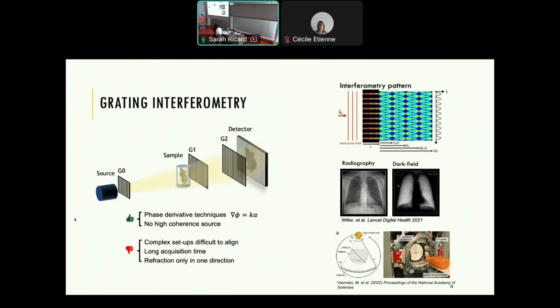For the moment the acquisition is slow, it takes minutes instead of seconds to get the image. But that's very interesting. The problem of this setup is that they need good alignment of those gratings.